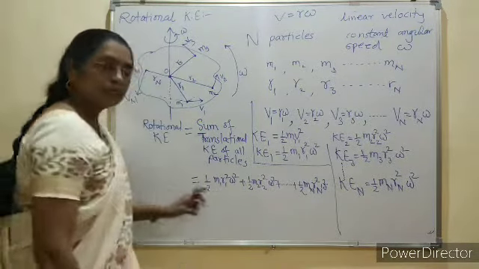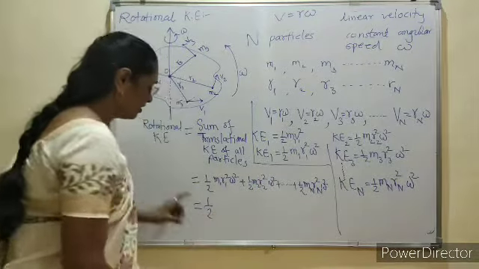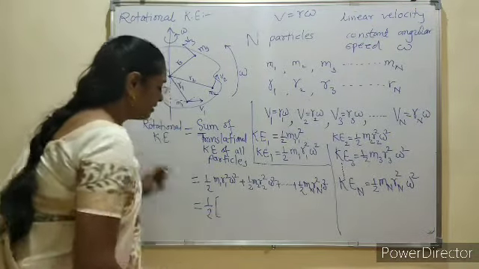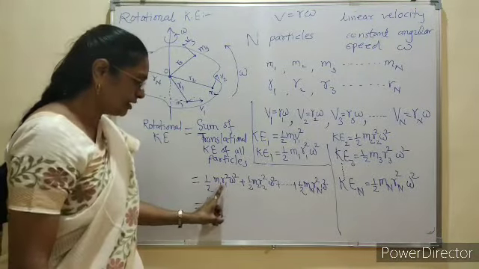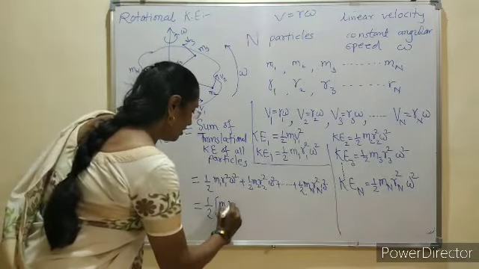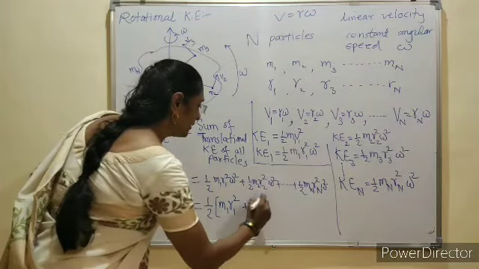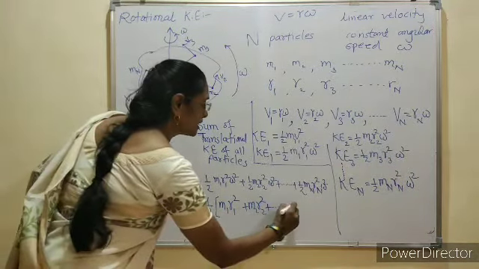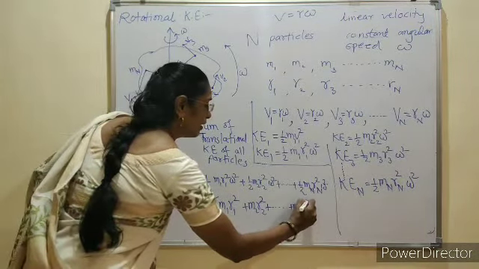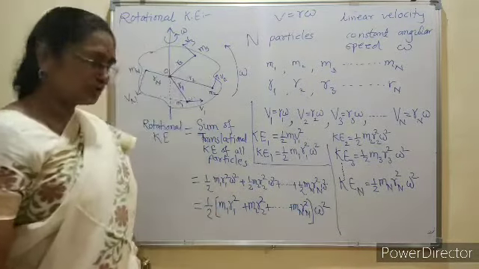Now this can be rewritten by taking half outside the bracket, and inside the bracket we put m1 r1 square plus m2 r2 square plus up to mn rn square, closing the bracket, multiplying it with omega square.